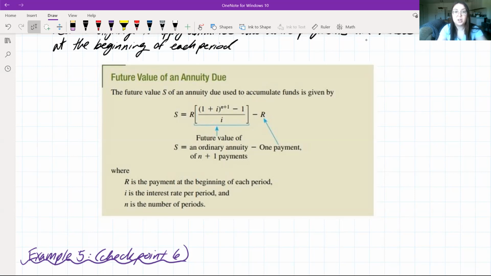What we're doing is subtracting our very first payment from our ordinary annuity.